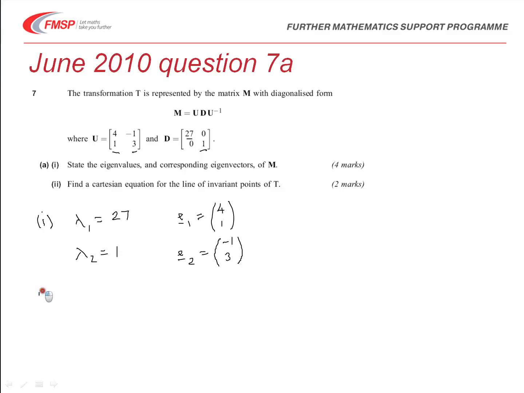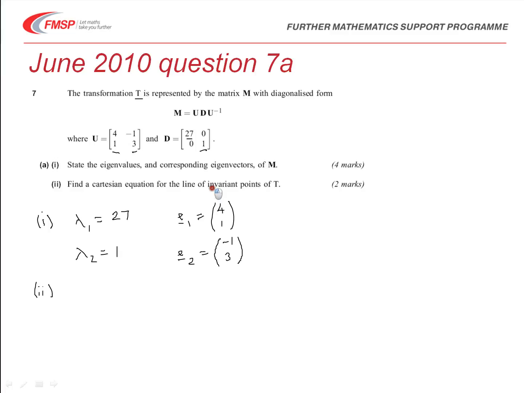Then moving on into part 2 of the question, it says find a Cartesian equation for the line of invariant points of T. Now the key thing for you to know is that the eigenvalue is telling you the multiplication factor that a point is moving by on these two lines given by E1 and E2.